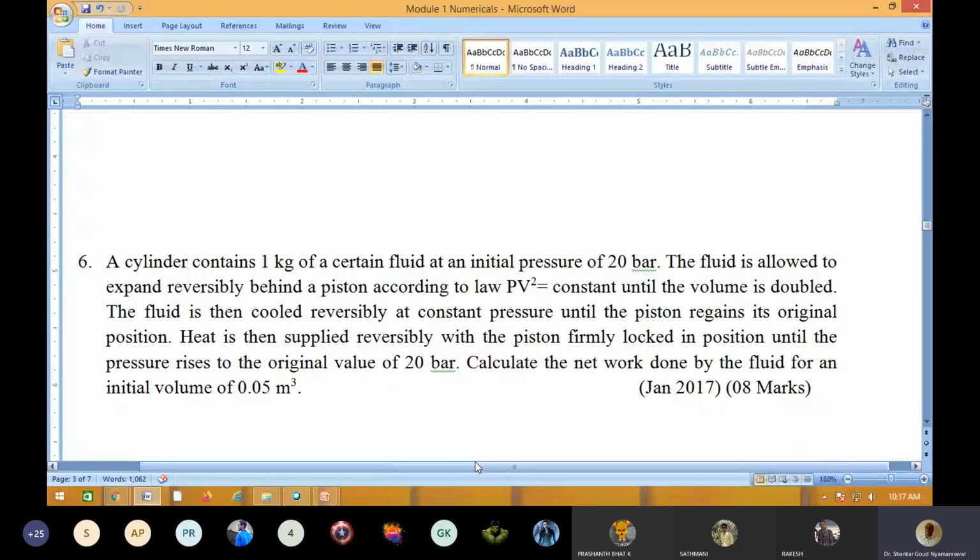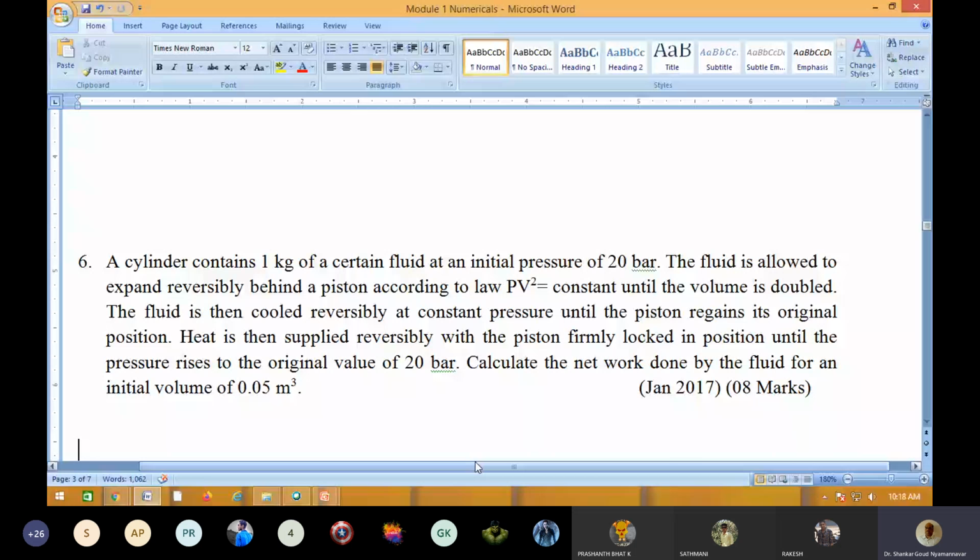Initial volume is V1, after expansion the volume is doubled, meaning V2 is equal to 2V1. Who gave this answer? Prashant. Okay. Rakesh, sir, V2 is equal to V1? You said just now V2 is equal to V1. No. V2 is equal to 2V1. Yes, correct, sorry, I said. V2 is equal to 2V1, because volume doubles.